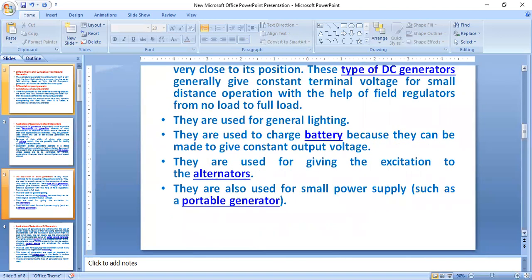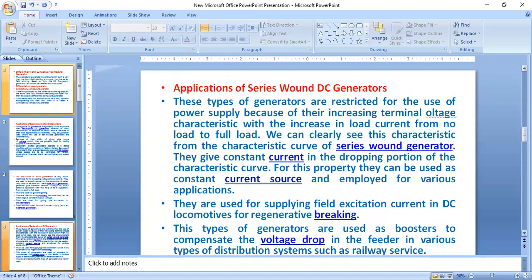They are used for general lighting. They are also used for charging batteries because they can be made to give constant output voltage. They are used for giving the excitation to the alternators. They are also used for small power supply, such as portable generators.